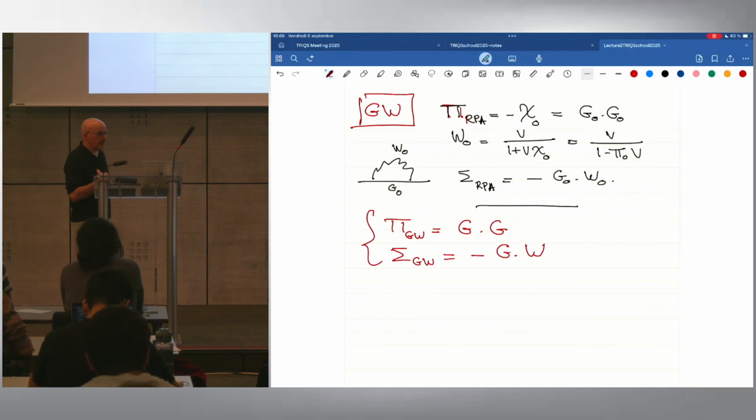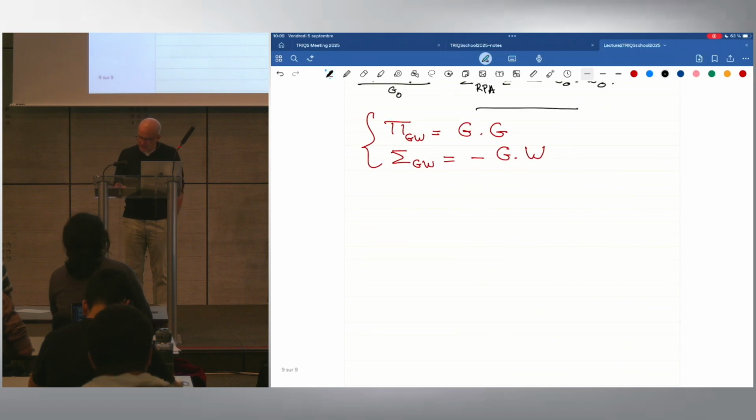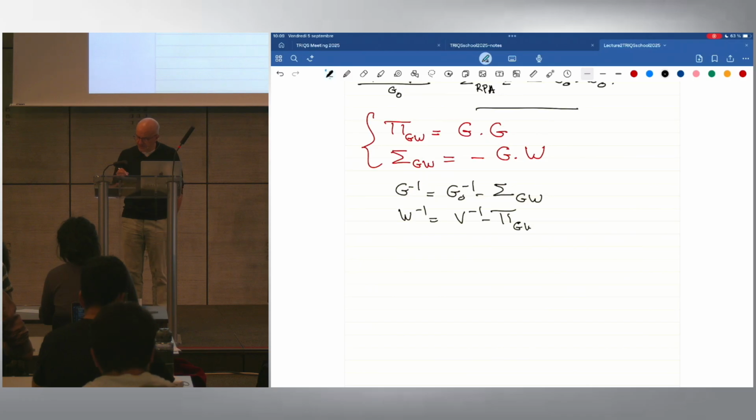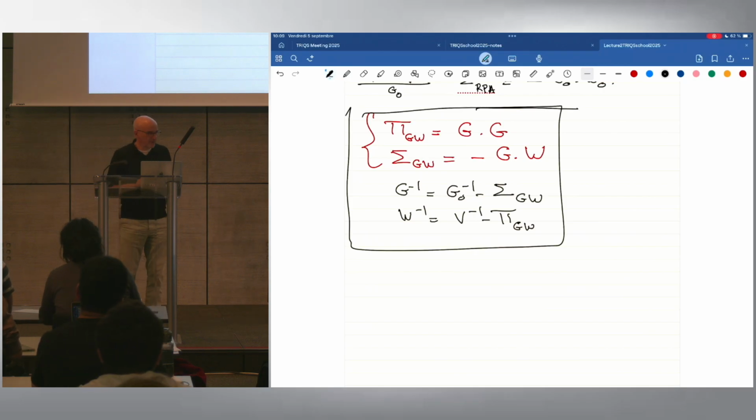We only know the Dyson equations, which tell us that G minus 1 is G naught minus 1 minus sigma, and W minus 1 is V minus 1 minus pi. Now, if I replace this by sigma GW, which is written above, and pi GW, which is written above, these four equations are a completely self-consistent set of equations, which are easier to write than to solve.